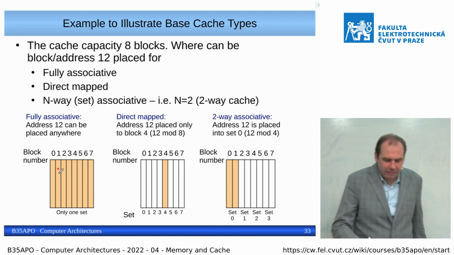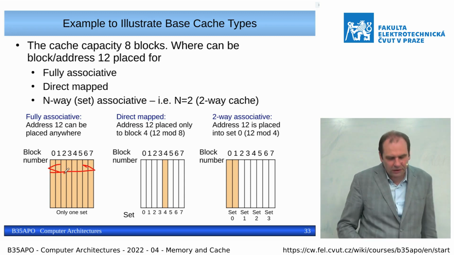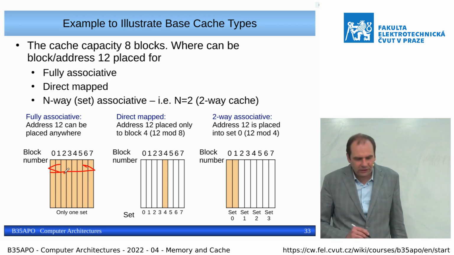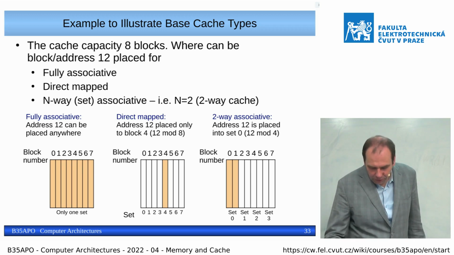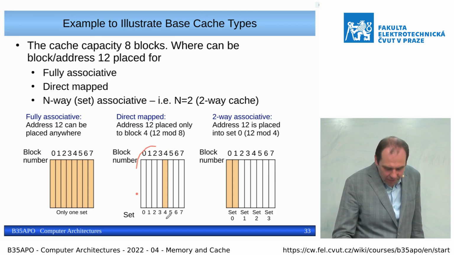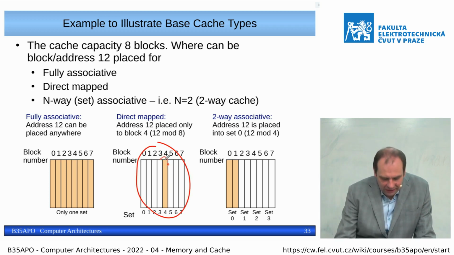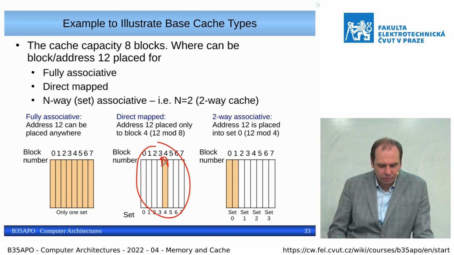But the problem is that in such a case, we need to check the address against all the data blocks. So for this reason, we quite often use a much simpler, for the hardware, directly mapped cache, which allows us to put data exactly into a single block according to its address.